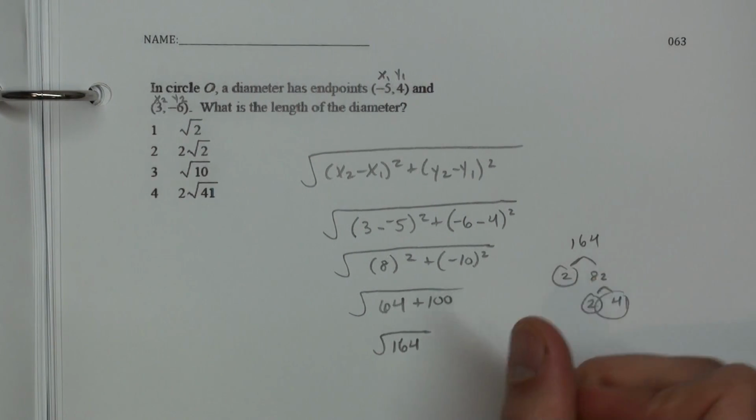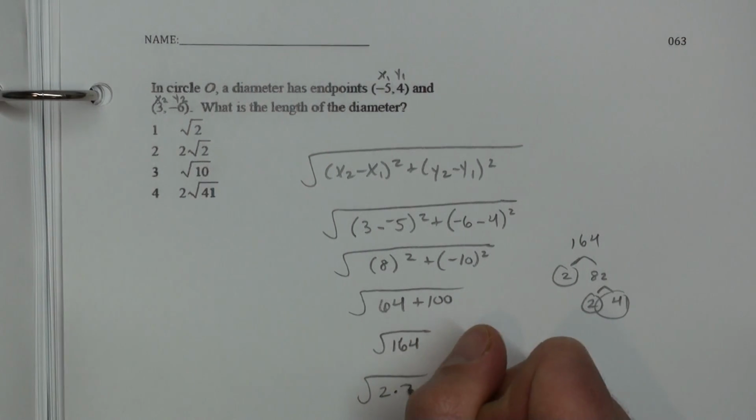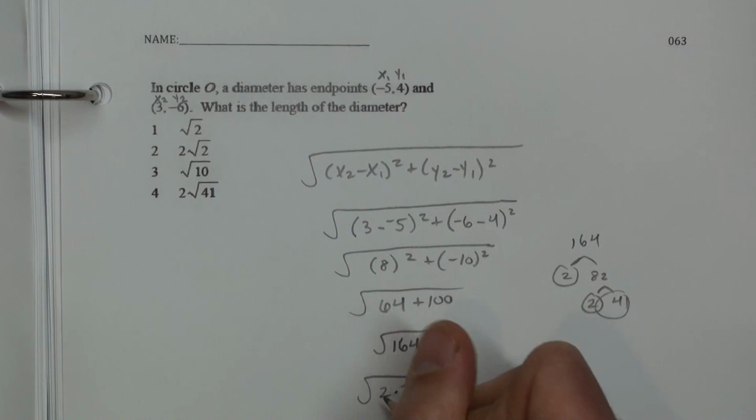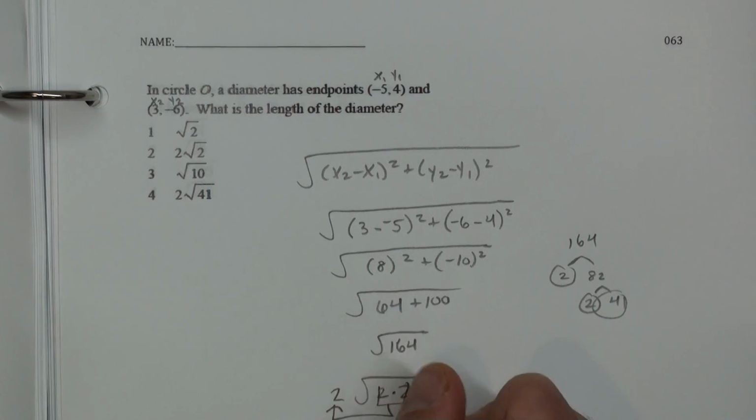So 2 times 2 times 41, because 41 is prime. 2 square root of 41.